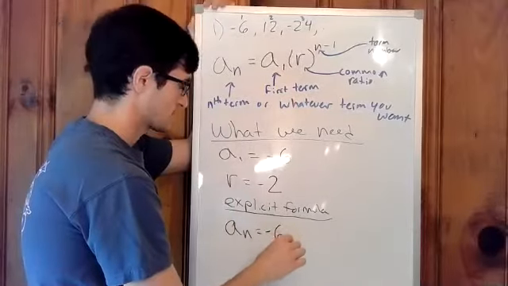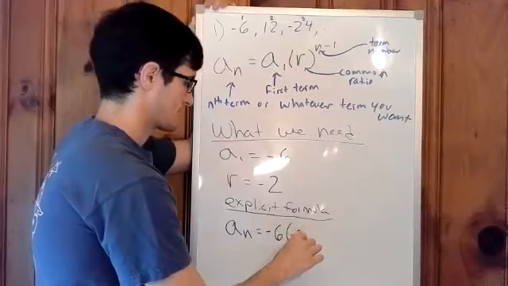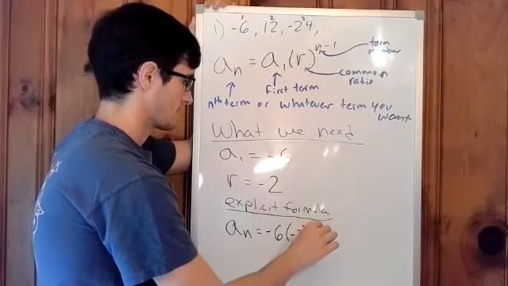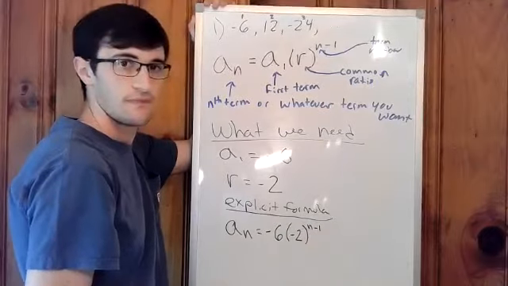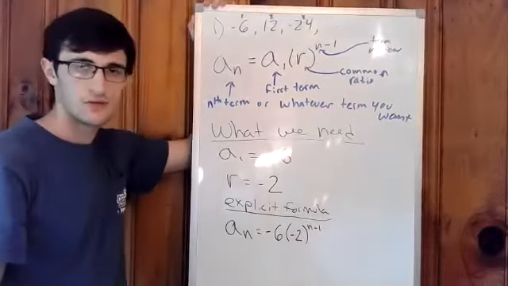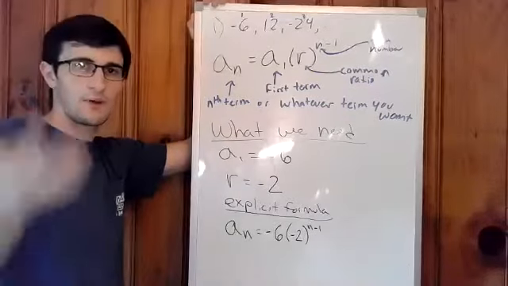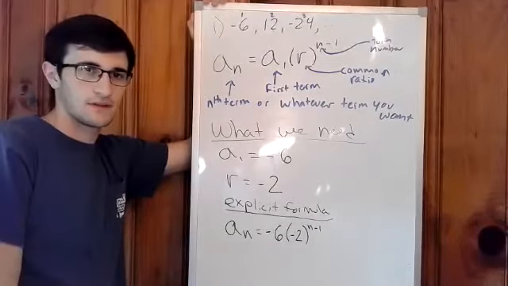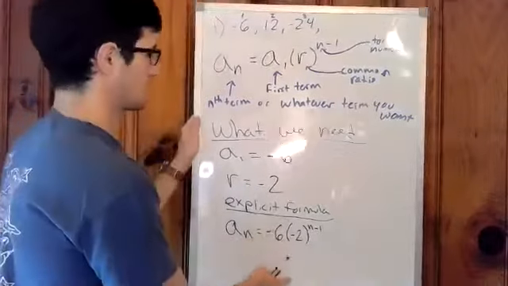So -6 multiplied by -2, close parentheses, to the n minus 1. That's the whole explicit formula. That's all you got to do. We found the parts to it. We found the whole. Fill in the blank: first term, common ratio.